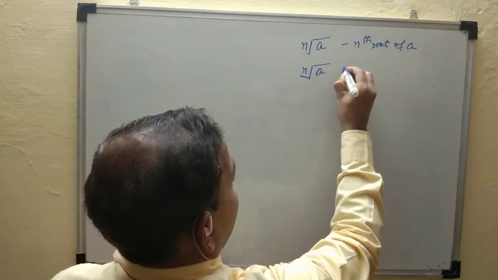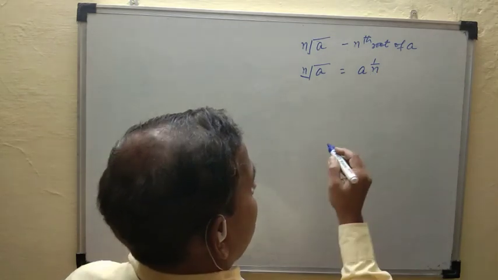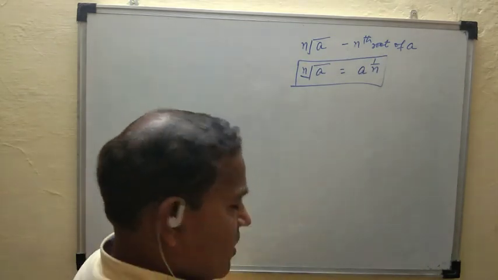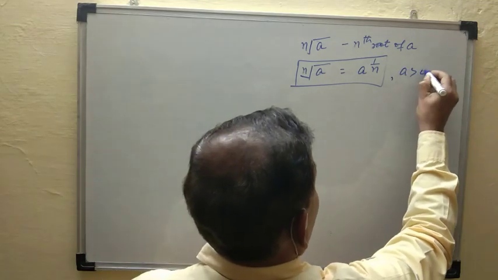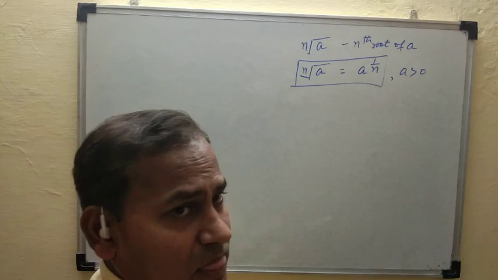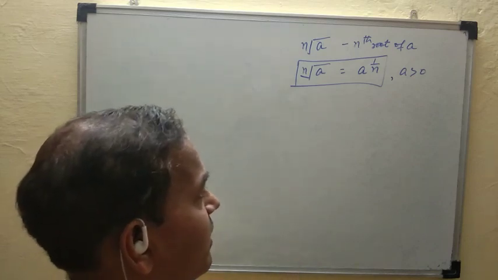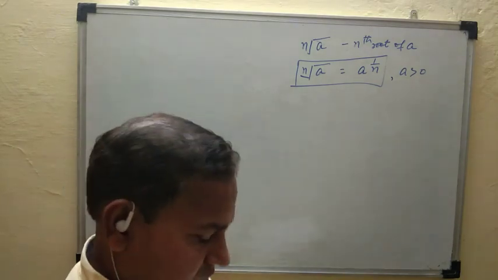The nth root of a can be written as a to the power 1 by n. This is defined as a to the power 1 by n, where a is a positive real number. Then the nth root of a can be written as a to the power 1 by n.